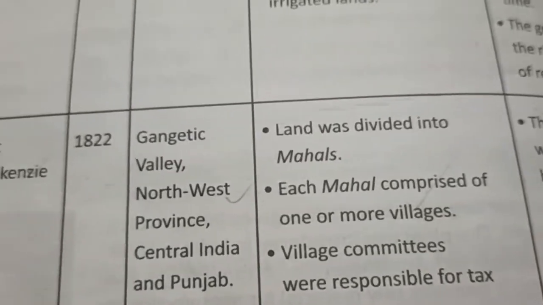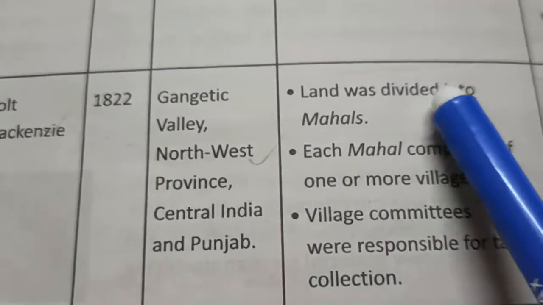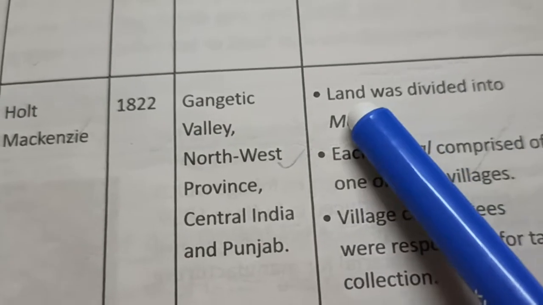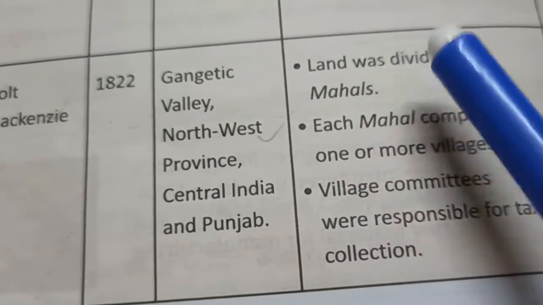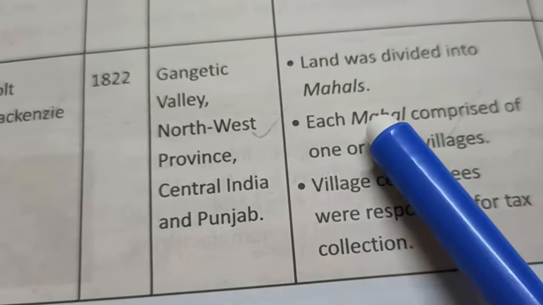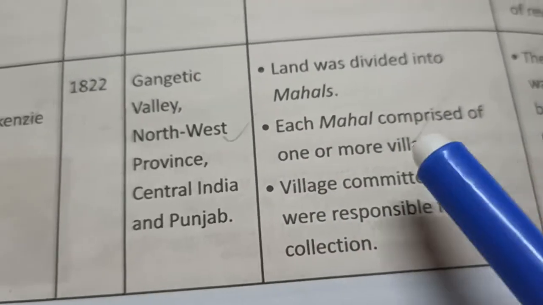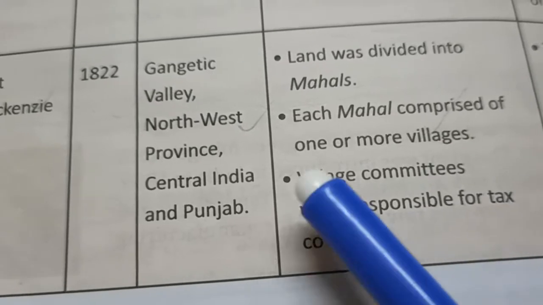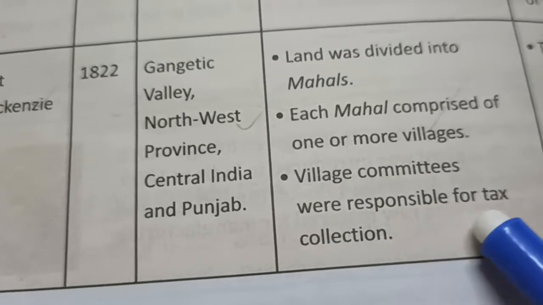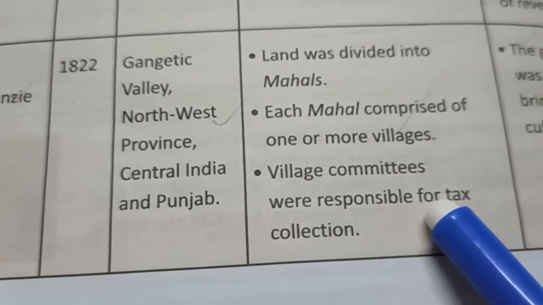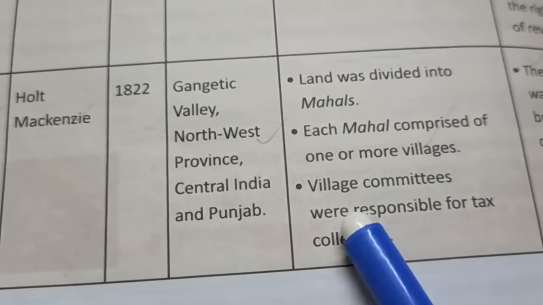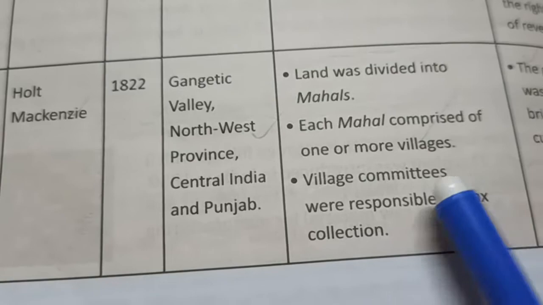The main features you can write: first point, land was divided into mahals. Mahals means group of villages. Second point, each mahal comprised one or more villages. And third, village committees were responsible for tax collection. These 3 points you can write in D first answer.